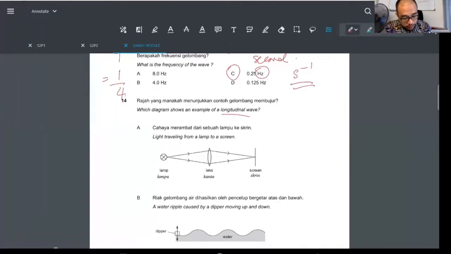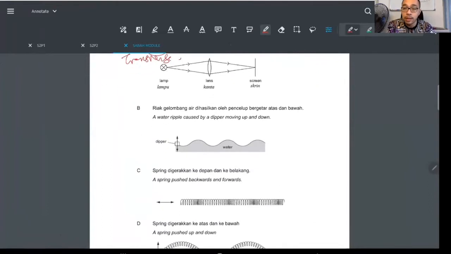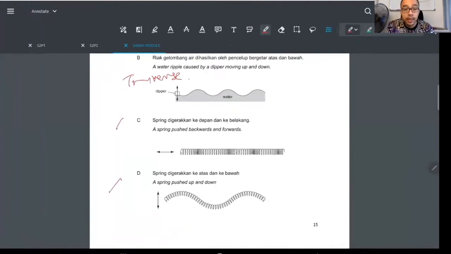Okay, back to the question. Which shows an example of a longitudinal wave? When you think of longitudinal waves, you need to think about sound waves. Light cannot, it's transverse. Water ripple, also cannot, also transverse. So that leaves us with C and D. Spring is moved up and down.